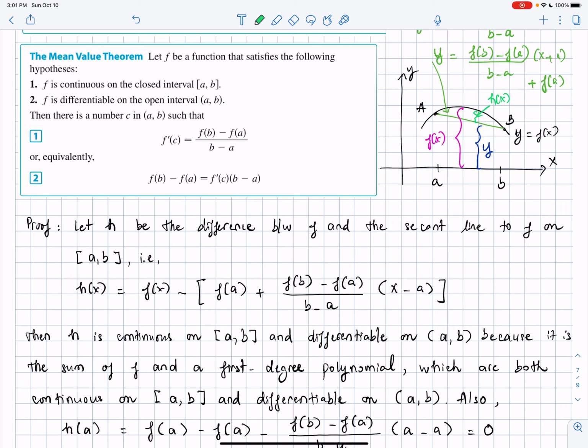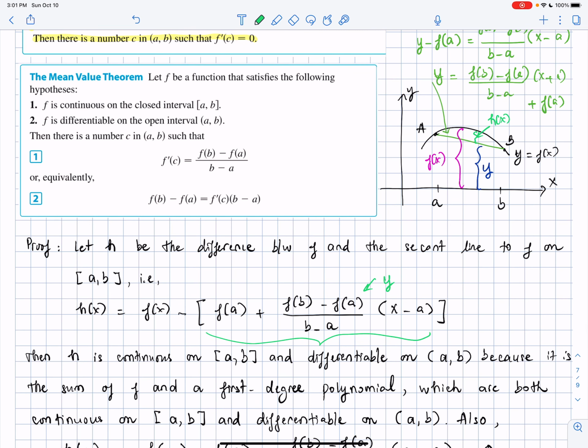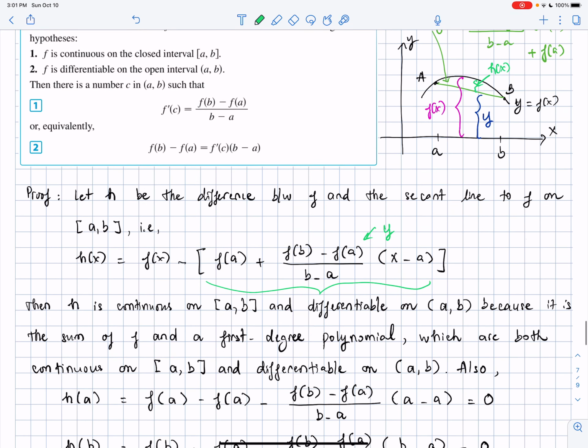So we will do the subtraction: f of x minus, and this part is the secant line. We just wrote the equation of the secant line, if you remember, before. So h of x is the difference between the function f and the secant line.